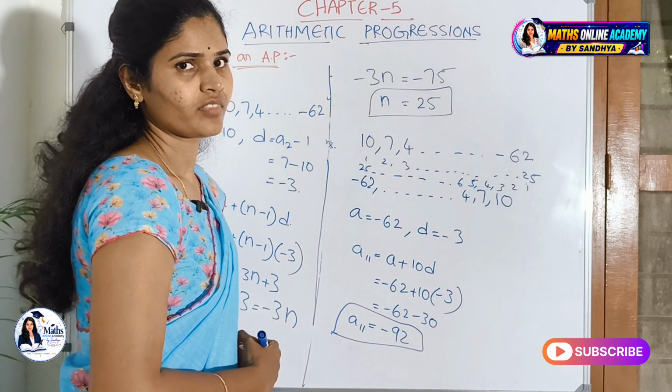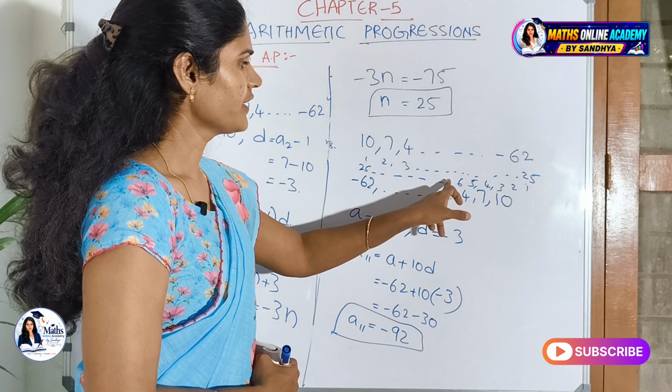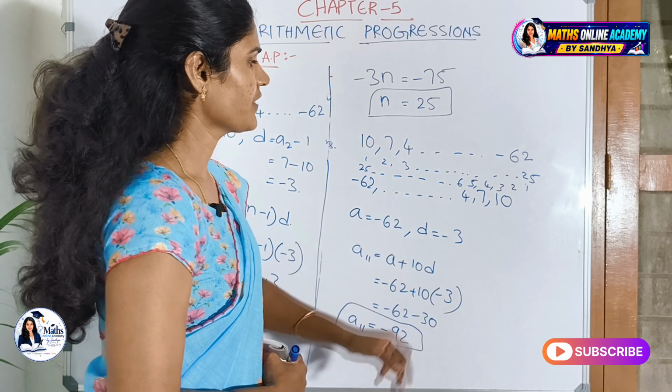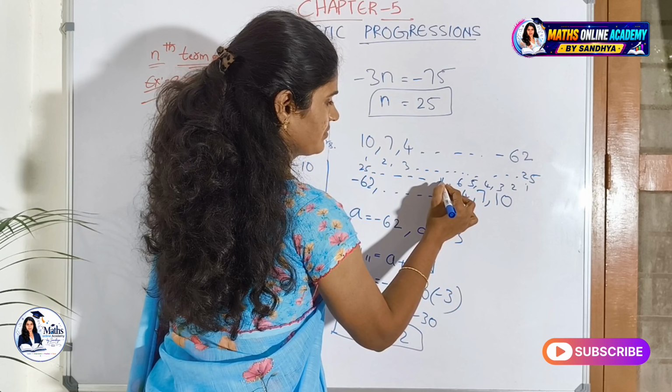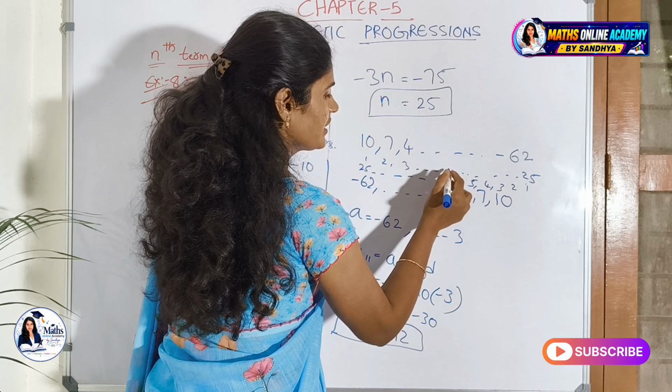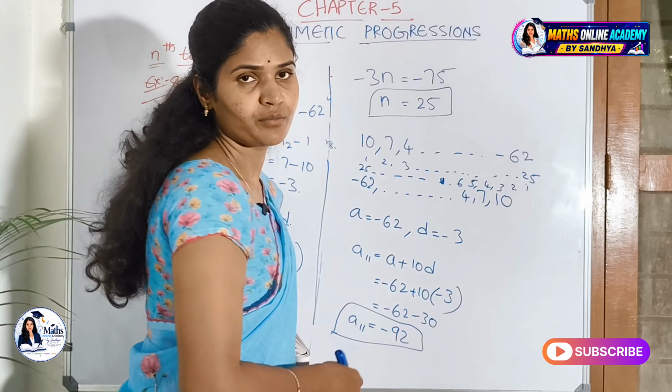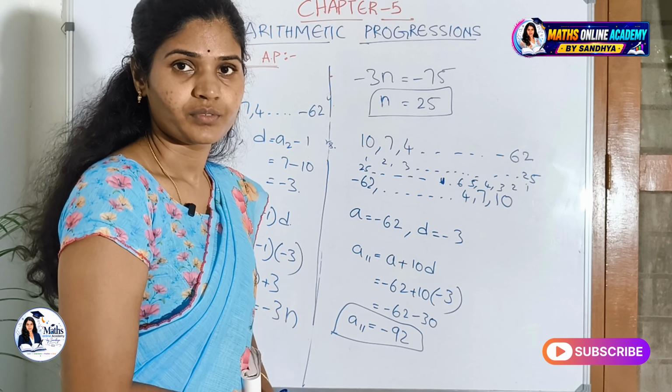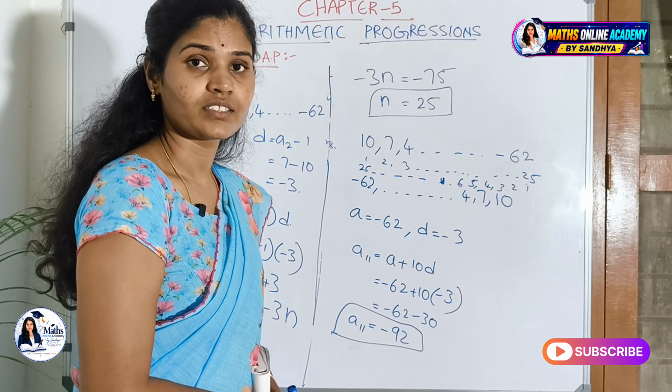So directly, for example, this is the 11th term. This is the 11th term means you can directly do 25 minus 11, which means 24th. Sorry, 14th. So you can find the 14th term also. Substitute a value as 10, you get the same value. Okay.